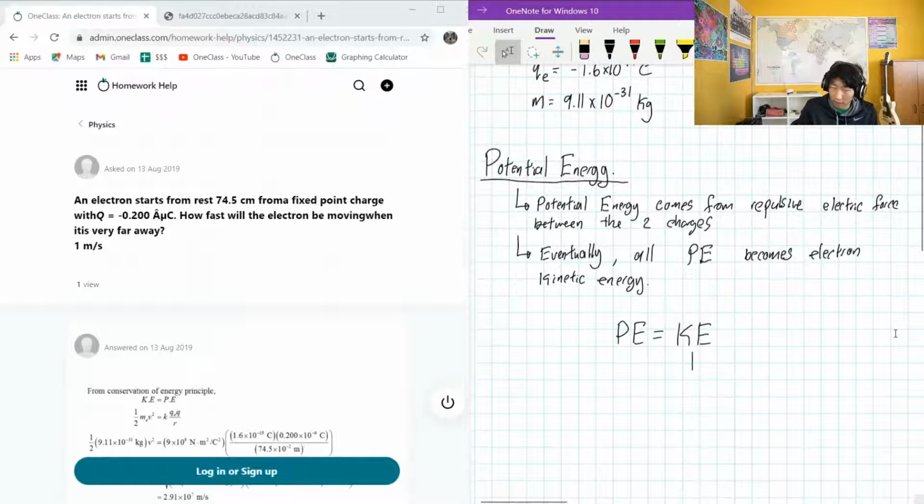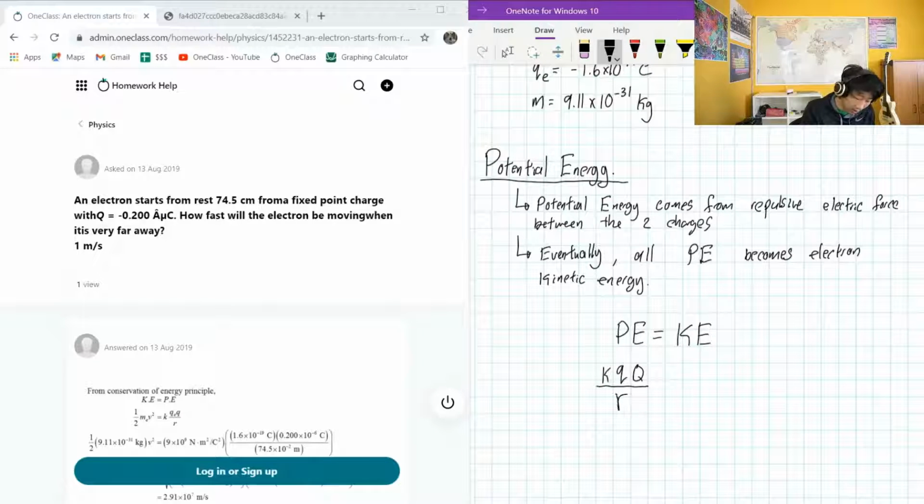Okay, fairly straightforward. Now let's change KE and PE to be representative of this situation. So we know that potential energy for electric forces is k, which is Coulomb's constant, little q, big Q, just to specify that we're talking about different charges, and it's all divided by r, which is the separation between them.